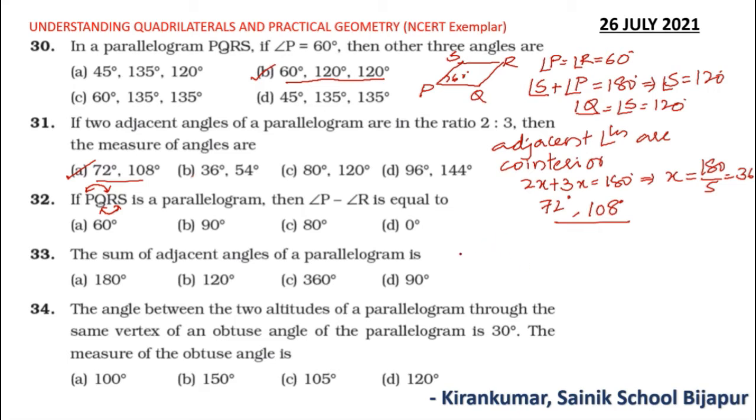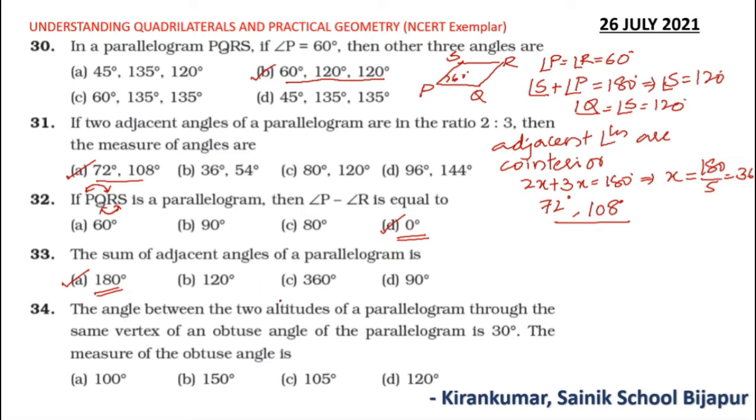So the right answer is option D, 0. Question 33. The sum of adjacent angles of a parallelogram is 180 degree. I have said the answer itself. They are co-interior, so 180 degrees is the right answer.